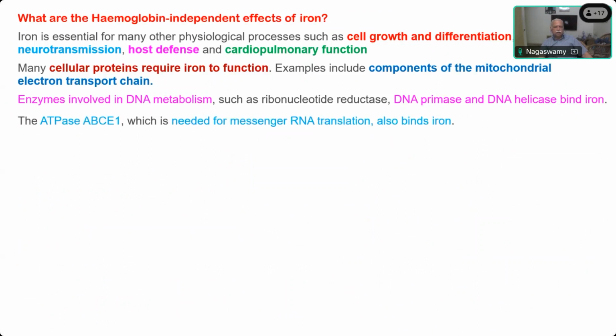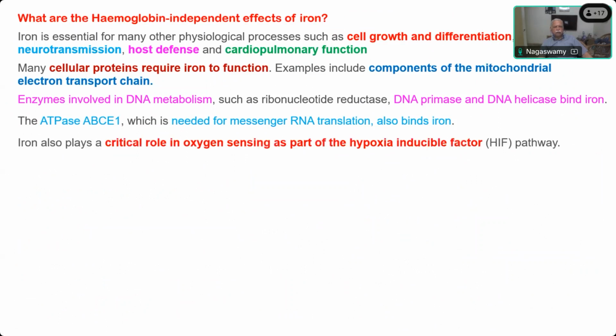So enzyme activity is dependent on iron. And another enzyme, ATPase ABC1, which is needed for messenger RNA transmission, also binds iron. Iron also plays a critical role in the oxygen sensing part of hypoxia inducible factor. This is what I told you, which triggers the earlier changes or the reactions that happen at the intracellular level, like erythropoiesis stimulation, vascular endothelial growth factor stimulation, all these things.